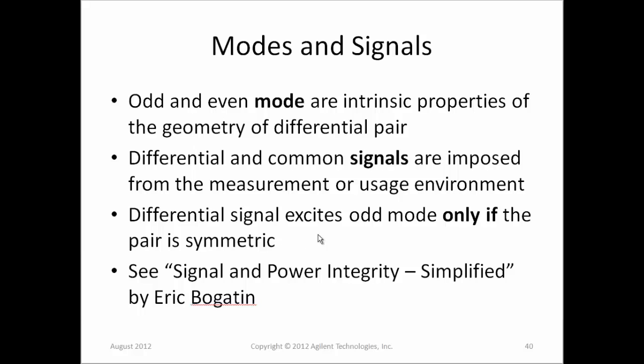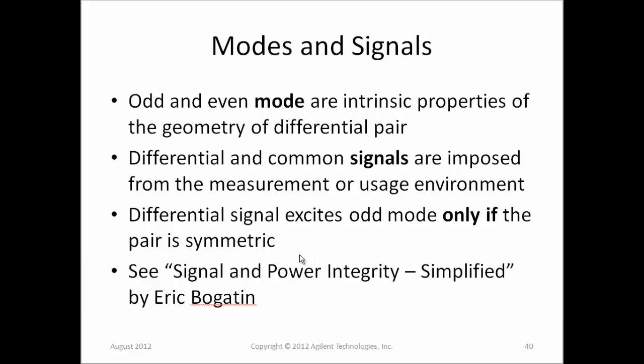A differential signal excites the odd mode only if the pair is symmetric. So if you have an asymmetric pair, which is the general case, a differential signal won't exactly excite the odd mode. It'll excite some linear combination of odd and even mode. But in the symmetric pair case, which is often the case in PCBs, or at least they're close to symmetric, a differential signal will indeed excite the odd mode, and this is probably the reason for the confusion.